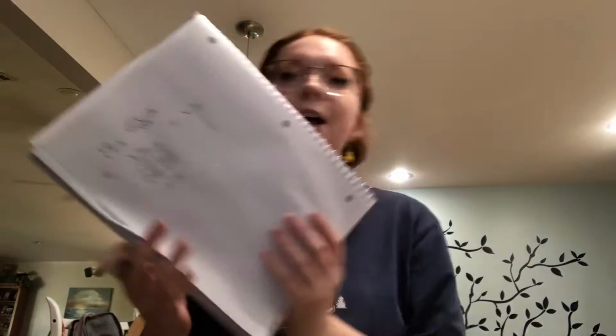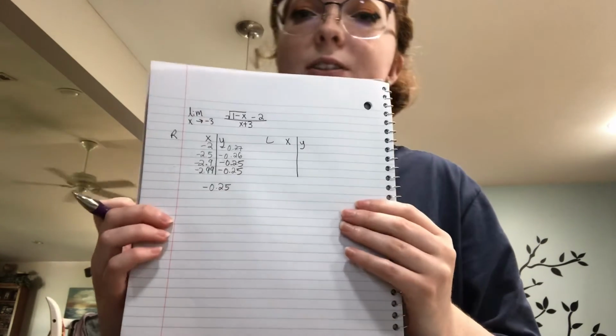So it looks like your limit will be about negative 0.25. And then on your left, you're going to go to the left of negative 3, so I'm going to use negative 4.